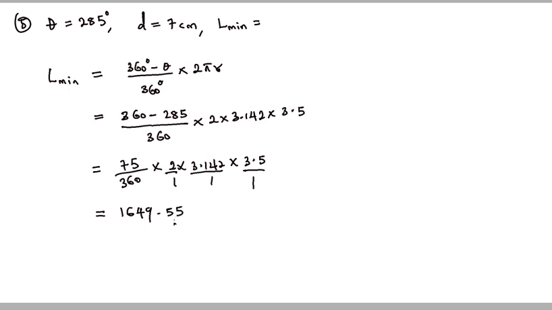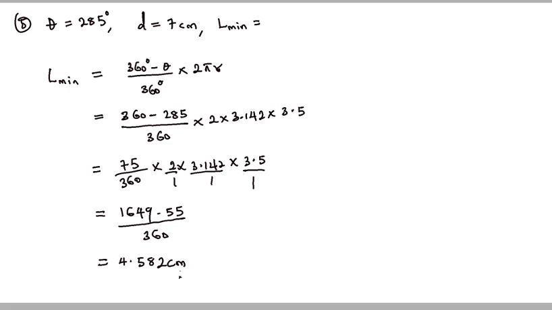1649.55 all over 360 times 1 here, which is just 360. So 1649.55 divided by 360 is 4.582, and so on.